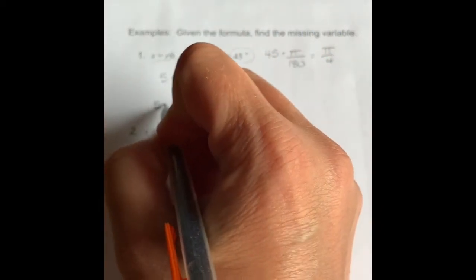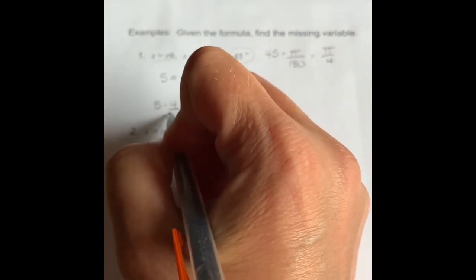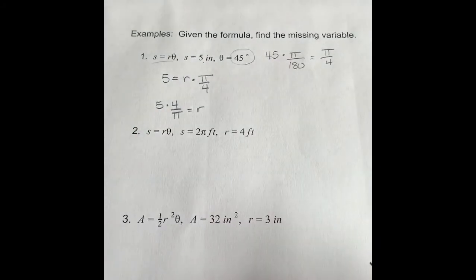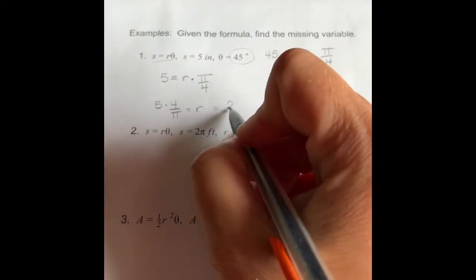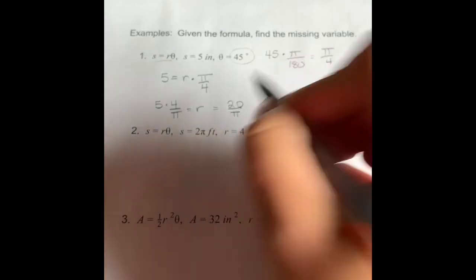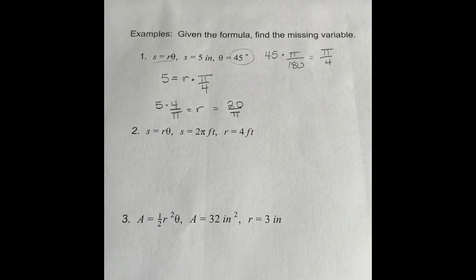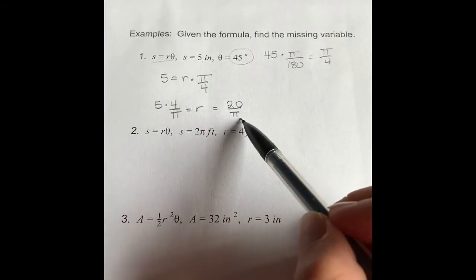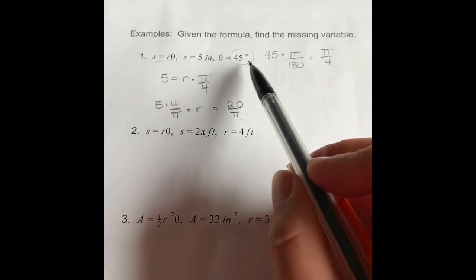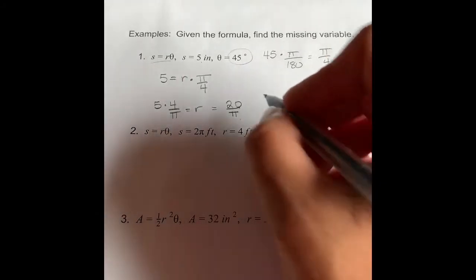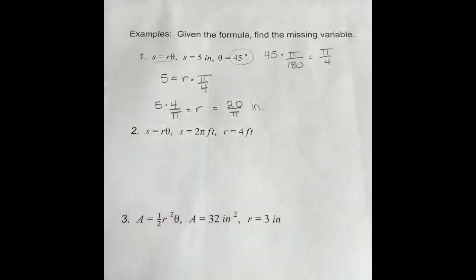So we have 5 times 4 over pi equals r, which is 20 over pi. But what's different with this lesson than the last one is we have to actually write the unit of measurement next to it. Remember, radius is a distance. The only distance that was given to us was inches, so our answer must be in inches as well.